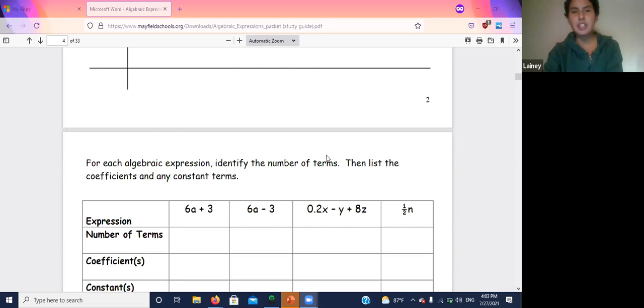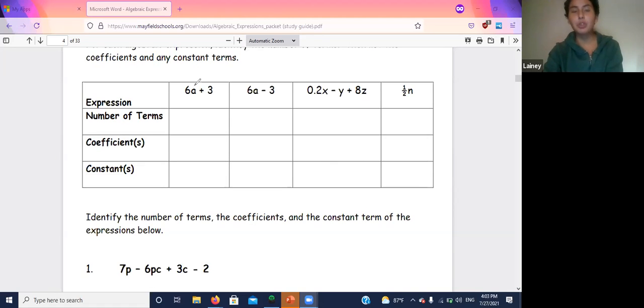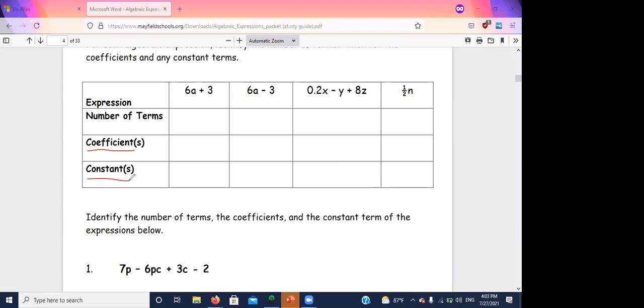Okay, so for each of these, we're going to go through and tell the number of terms. We also have to go over the definitions of coefficient and constant. Do you remember them? I know we've talked about them, but I don't remember.